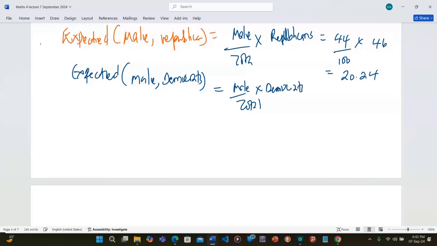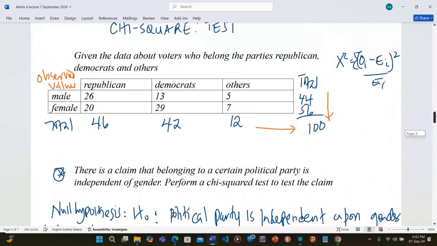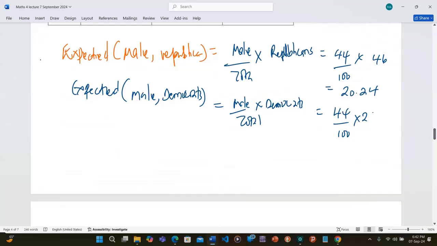So this is 44 divided by 100 times the Democrats, which are 42. And that value should give you around 18.48.